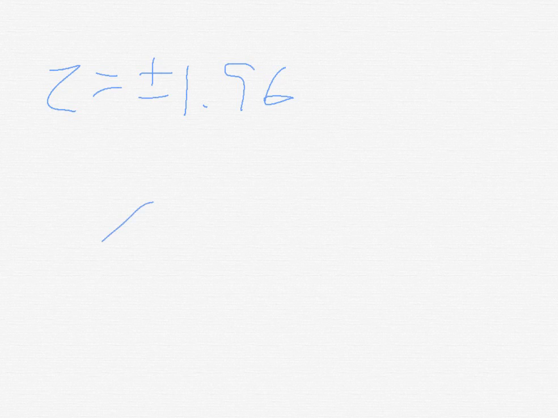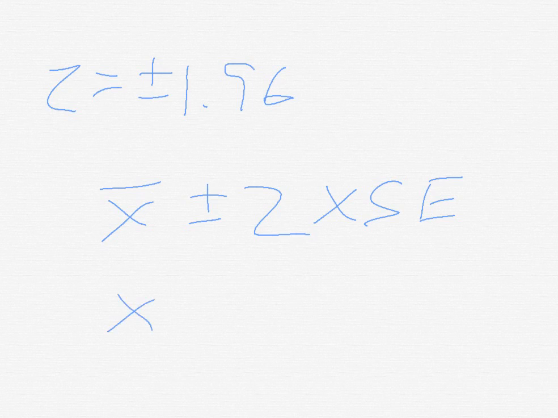Basically, for that confidence interval, I would have my sample mean, and then I'd do plus or minus z times the standard error. Of course, the standard z that we use is 1.96. So what we're left with is our mean plus or minus 1.96 times the standard error.